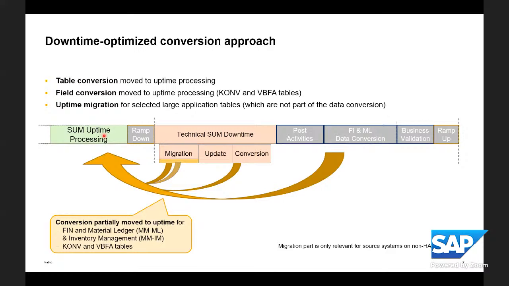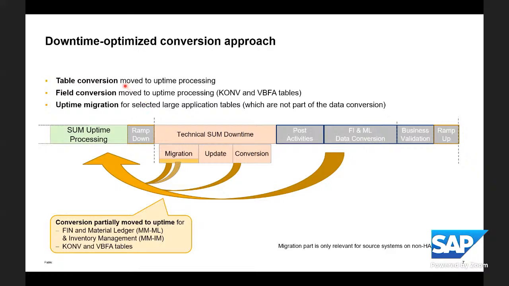And those changes are reflected by the tool. There's a record and replay technology built into the Software Update Manager, and the tool will take care of this. So that's why there is typically a partial data conversion, migration, and uptime, and in downtime, the remaining data, the delta created by end users, will have to be considered and will have to be handled by the tool.